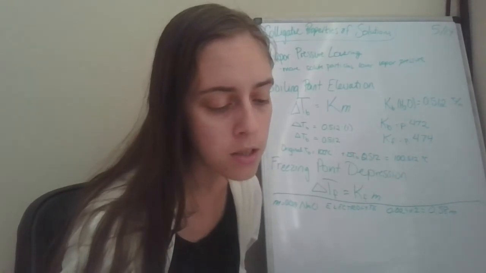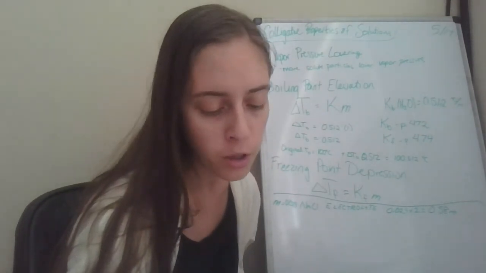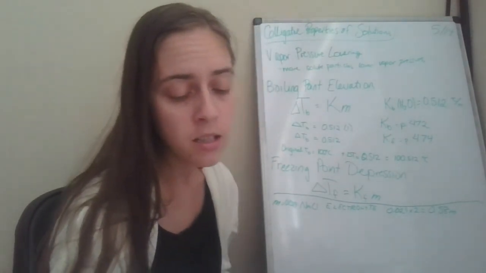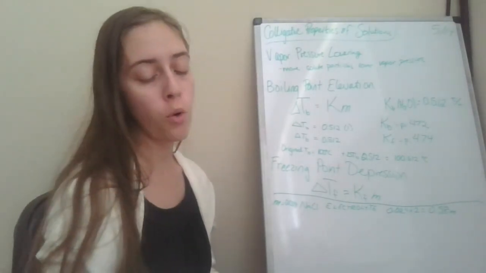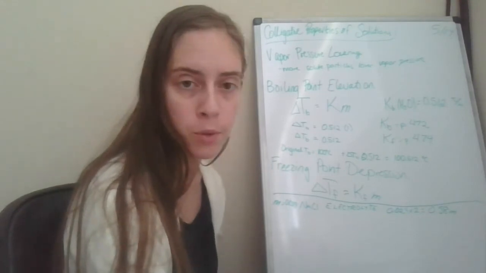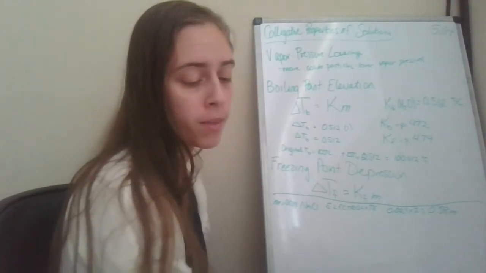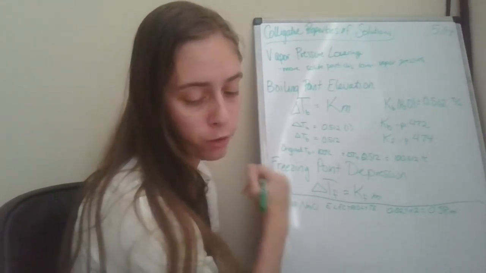It says it's an aqueous solution of sodium chloride, which means our solvent is going to be water. So the K constant we're going to use is the constant for water. Let's do boiling first, okay?